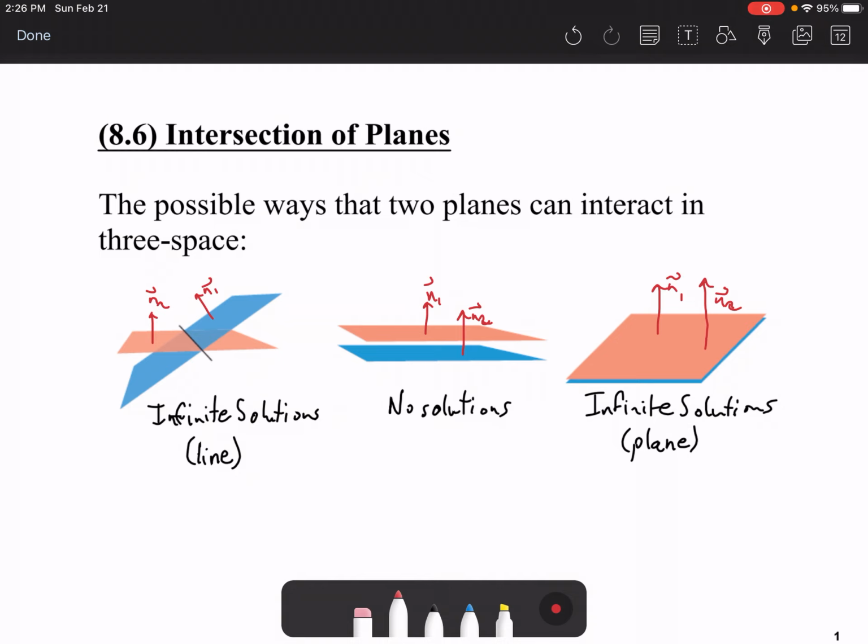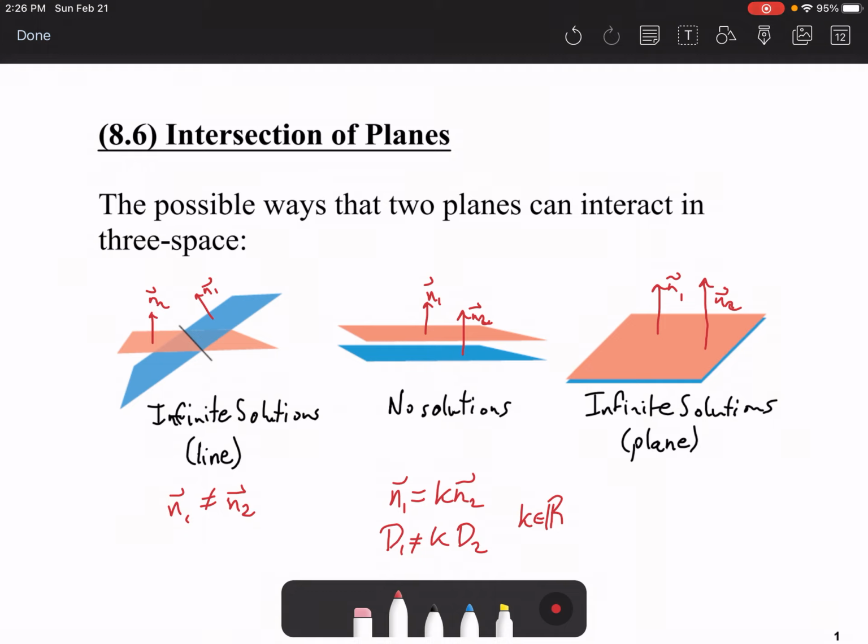So here, in the first instance, you can see normal 1 does not equal normal 2 in any format whatsoever. In the second instance, normal 1 could be some kind of scalar multiple of normal 2. But you'll also notice that the d values are not the same multiples. So k is some real number.